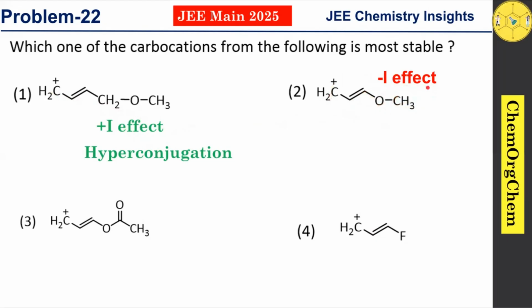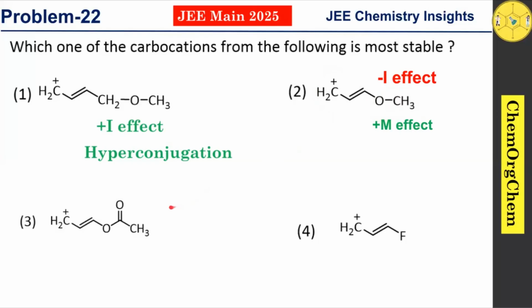Apart from that, oxygen has two lone pairs of electrons, and a lone pair can contribute to carbocation stability by resonance. So this oxygen can donate electrons by the plus M effect, which can stabilize this carbocation.